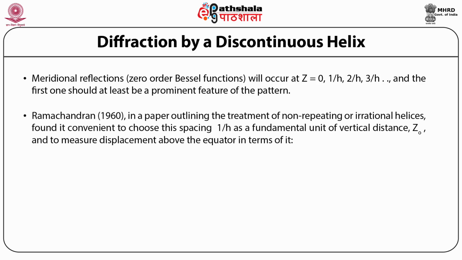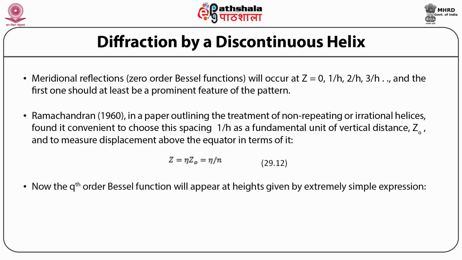Ramachandran, in 1960, in a paper outlining the treatment of non-repeating or irrational helices, found it convenient to choose this spacing 1 over h as a fundamental unit of vertical distance, capital Z0, and to measure the displacement above the equator in terms of it, capital Z equal to eta times Z0, which is equal to eta over h.